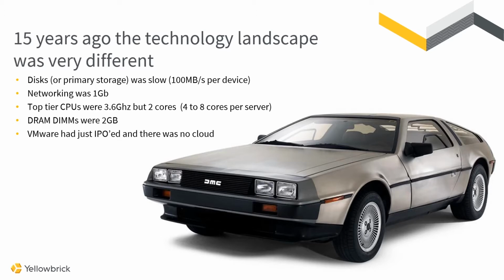Traditional disk drives are the equivalent of a record player spinning, and they only provided about 100 megabytes a second of bandwidth per device. The most common networking was 1 gigabit networking, and top tier CPUs only had about 2 cores at the time. In DRAM, I think the largest module was somewhere around 2 gigabytes. And at this point in time, VMware had just IPO'd and there was no cloud.